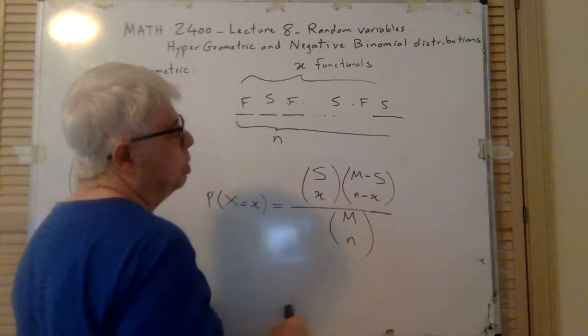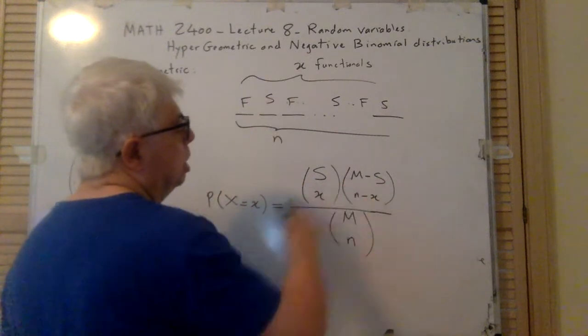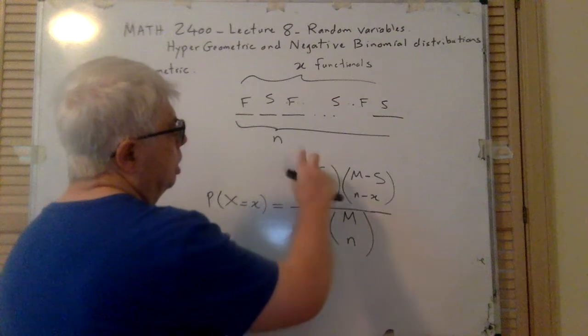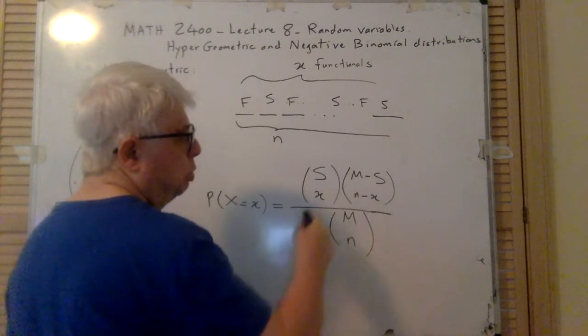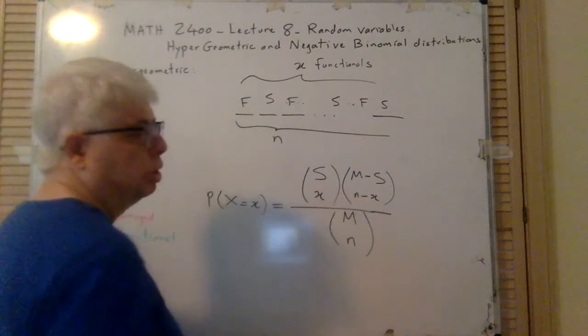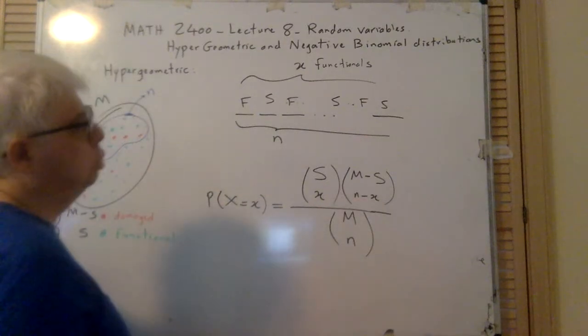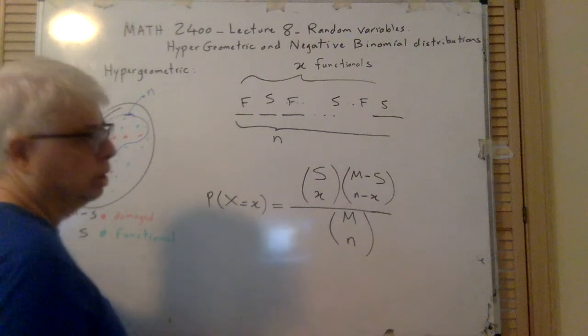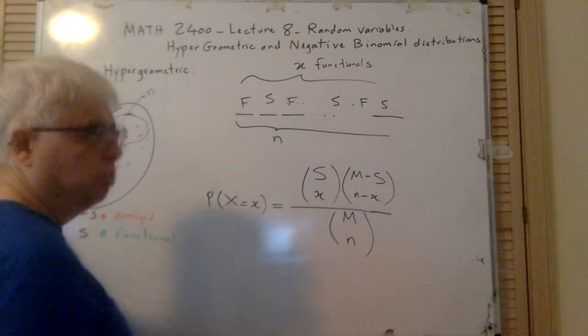And how many damaged do I have in the whole warehouse? That is m minus s. So this should be multiplied by this, because the rest of them are damaged ones. It's like choosing x out of s and n minus x out of m minus s, right?